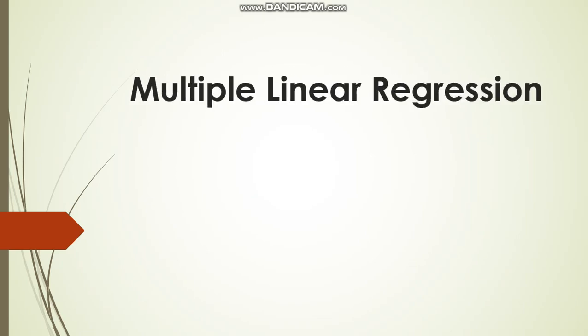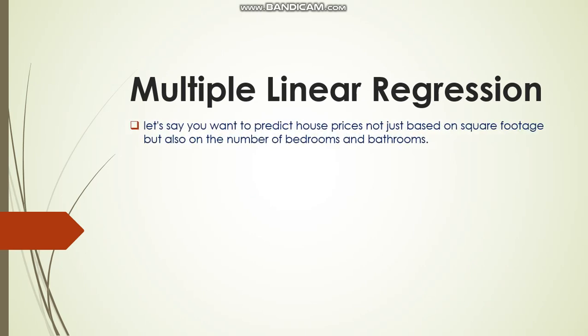Now multiple linear regression. Now let's say you want to predict house prices not just based on square footage but also on the number of bedrooms and bathrooms. Here you are applying multiple linear regression because there are more than one independent variables.